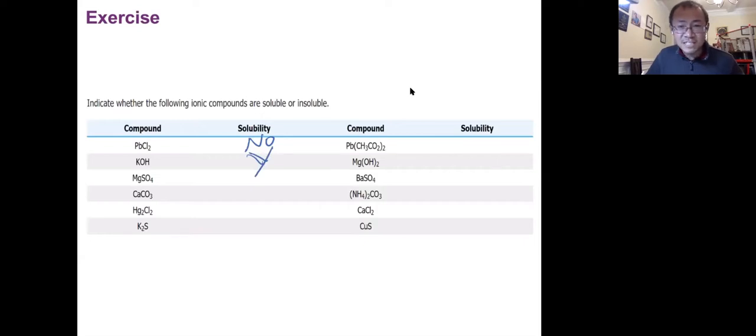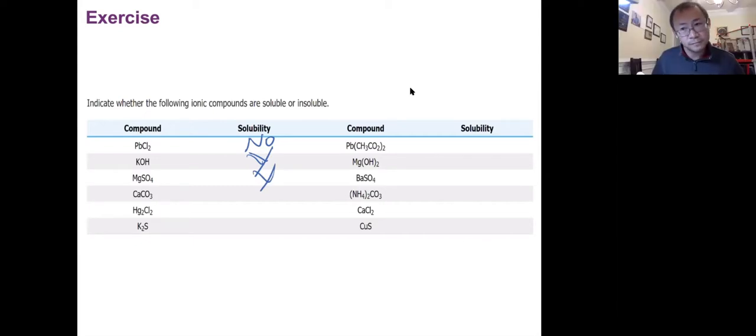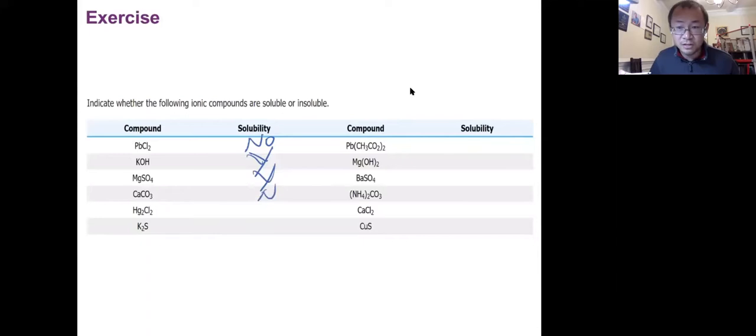Number 3, magnesium sulfate. Yes, sulfates are generally soluble, except with sodium, lead, and barium. So yes, very good. Next, calcium carbonate, Alan. No. Very good. Carbonates are generally not soluble.